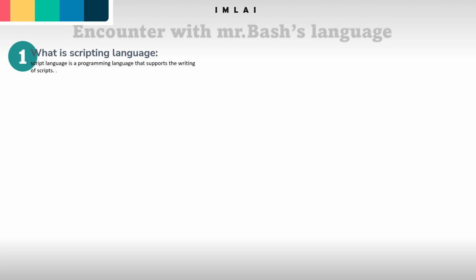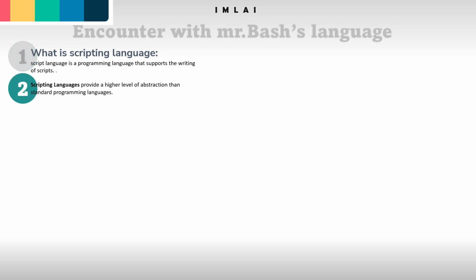what is a scripting language? A scripting language, or just a script language, is a programming language that supports the writing of scripts. So what will you get by writing scripts? What's the benefit for you?